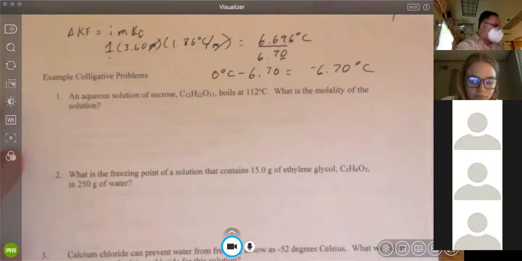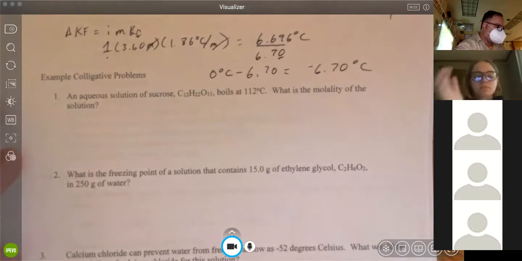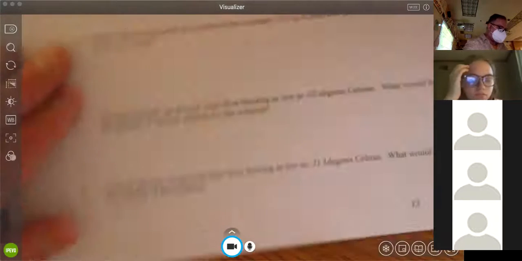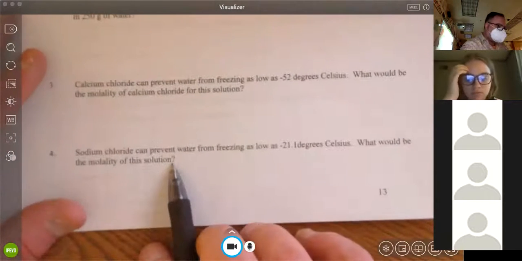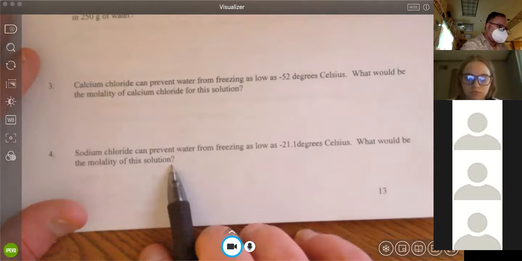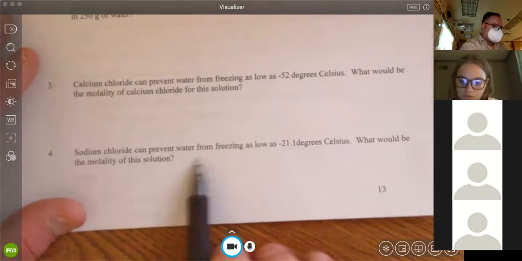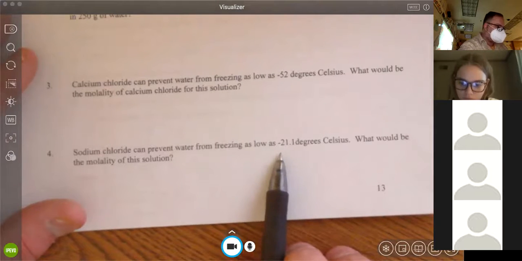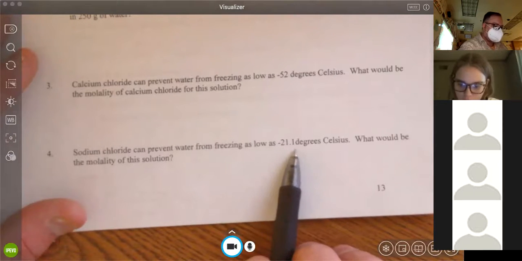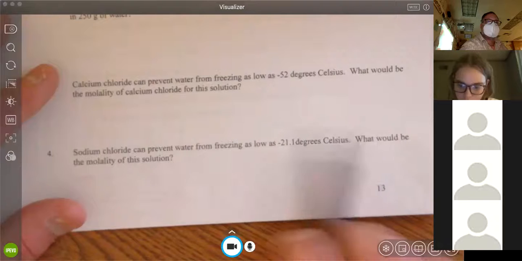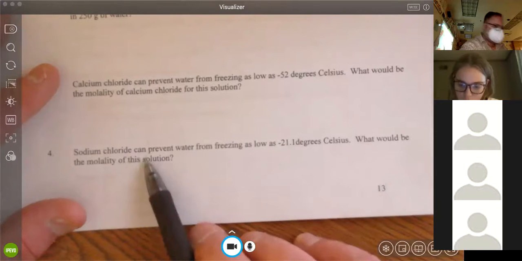So I will try one more, and then I will let you guys do the rest for homework. I'm going to solve for this one down here. It says that sodium chloride can prevent water from freezing as low as negative 21.1 degrees Celsius. What would the molality of this have to be?